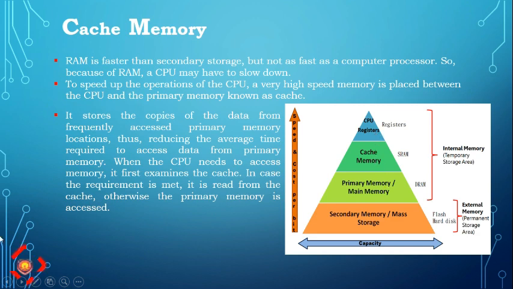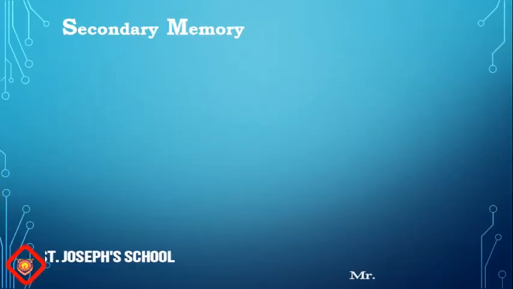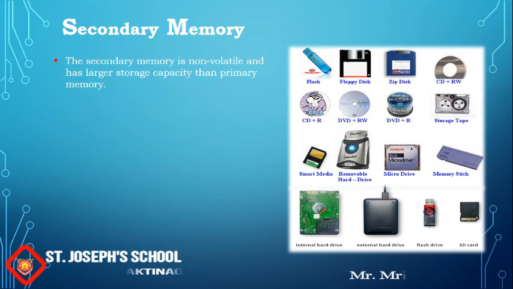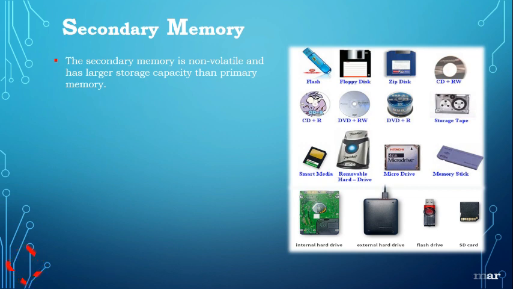Now next we move to secondary memory. Secondary memory is non-volatile and has larger storage capacity than the primary memory. Primary memory has a limited storage capacity and is either volatile RAM or read-only, that is ROM. Thus a computer system needs an auxiliary or secondary memory to permanently store the data and instructions for future use.